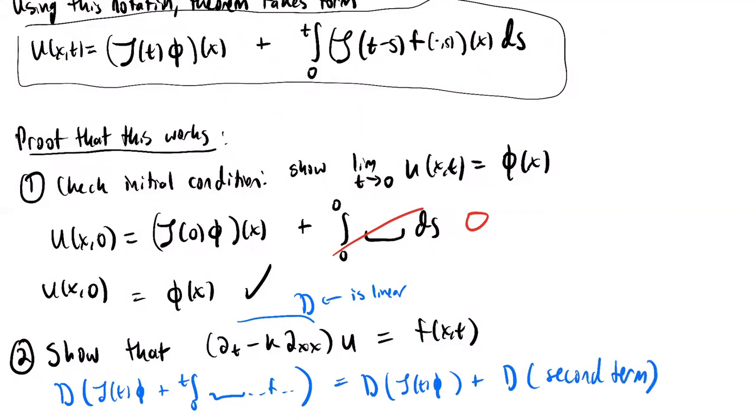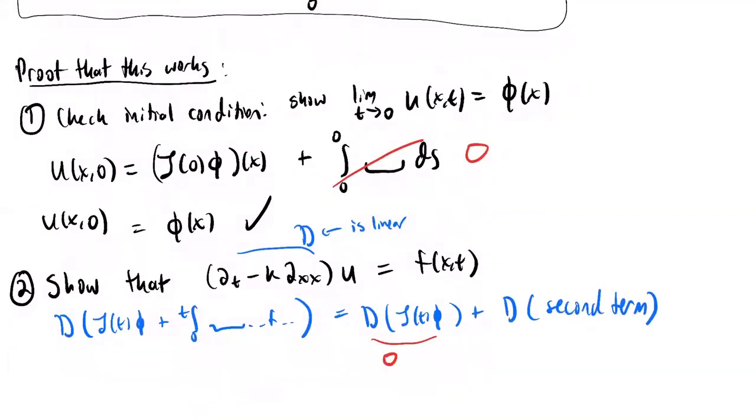But the first term solves the homogeneous diffusion equation, so the first term is 0. And so I just need to show that the second term is equal to f when I apply this operator.